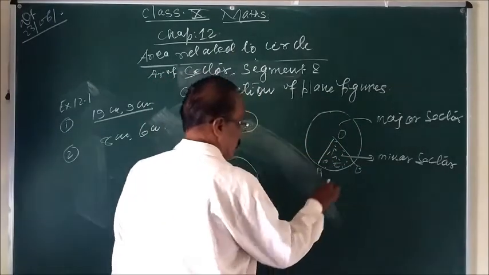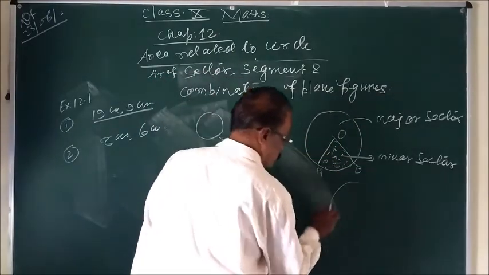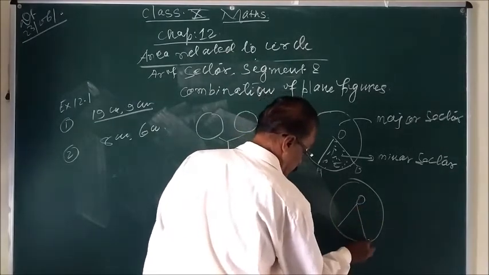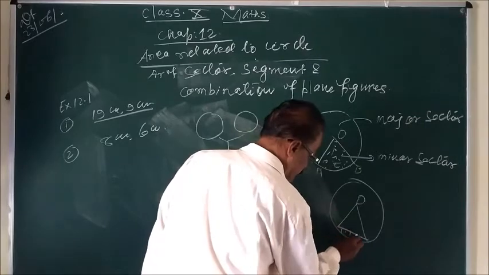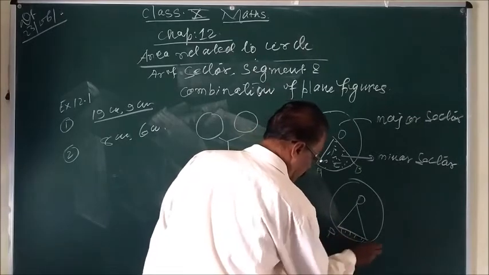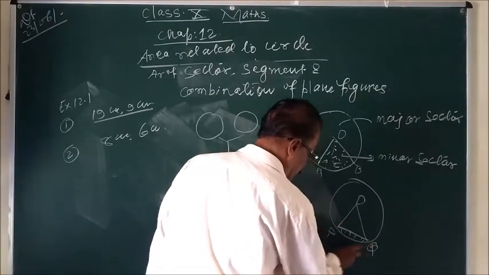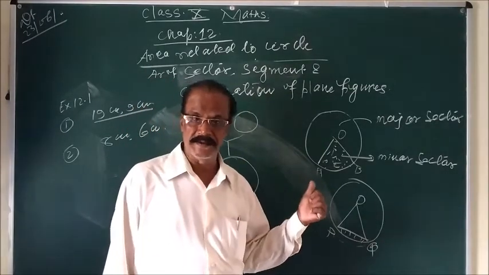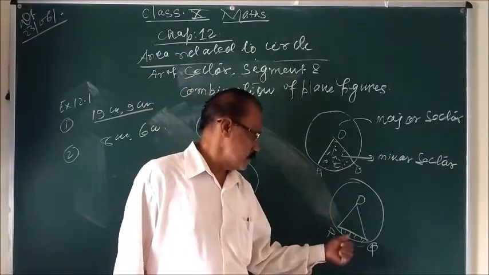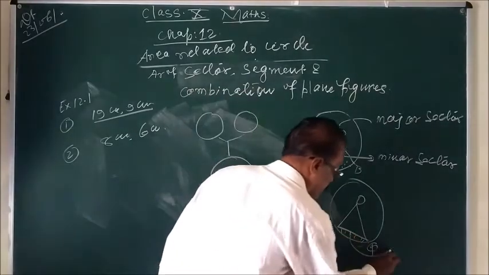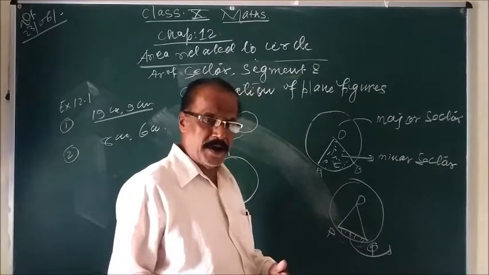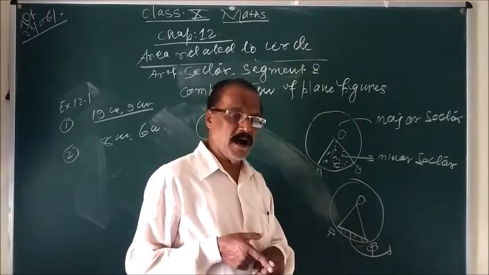Similarly, if you see this figure, this is sector, and now you see PQ is a chord and this PQ is a curved portion of the circle. That is the arc. So this portion is called segment. Segment, the area enclosed by a chord and corresponding arc.